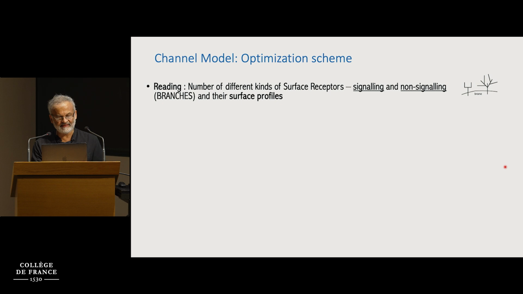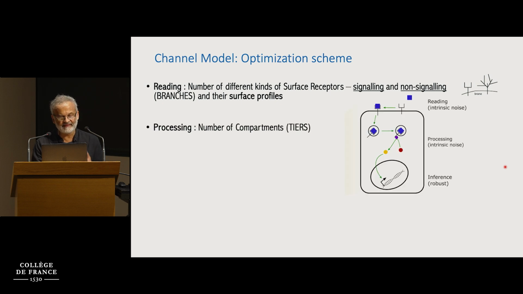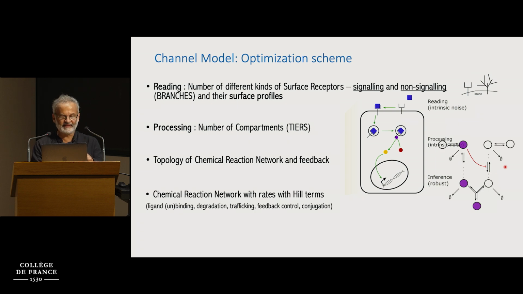These are called branches. Then each cell is endowed with a chemical reaction network, which has a number of compartments or internalization levels and a number of branches that I declared earlier. The chemical reaction network has a specific topology with feedback controls that I represent by the red arrow. And each chemical reaction network has certain rates, with the feedback parameters given by Hill coefficients.